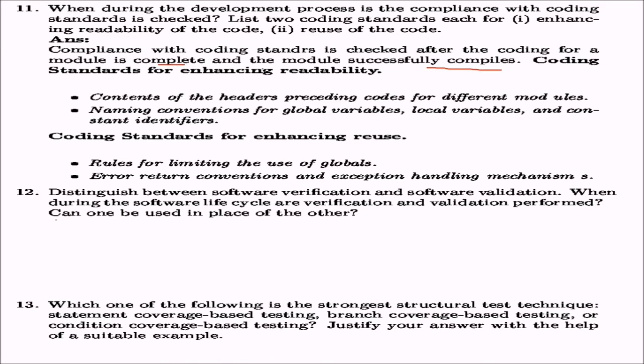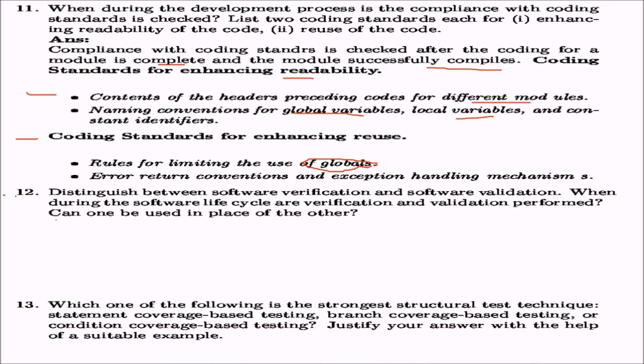For readability: the contents of the header preceding code for different modules, and the naming conventions for global variables, local variables, and constant identifiers. For reuse: the rule for limiting the use of globals, the error return conventions, and the exception handling mechanism like try and catch, etc.